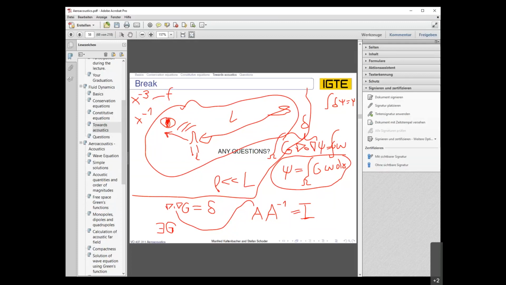Because I'm just looking at the lecture notes here, and I wonder what happens if we place our eye at the point of the Green's function. Yeah, could be that it is singular. Okay.